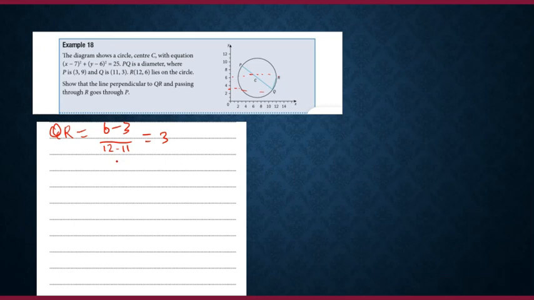The gradient of a perpendicular line is multiplied by -1, so the perpendicular line's gradient becomes -1 over 3.